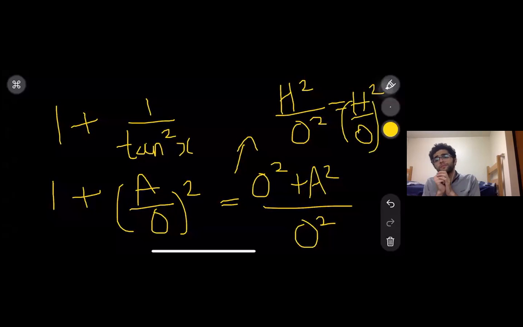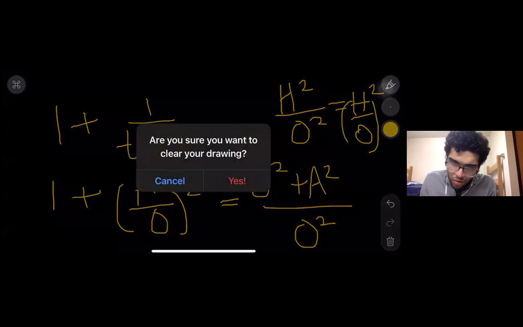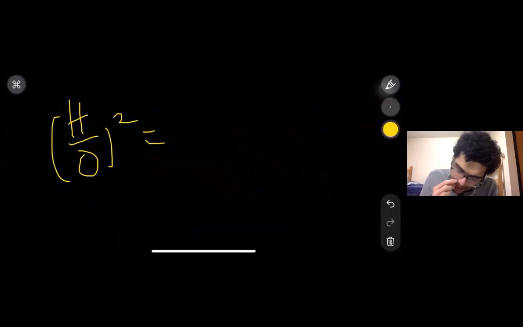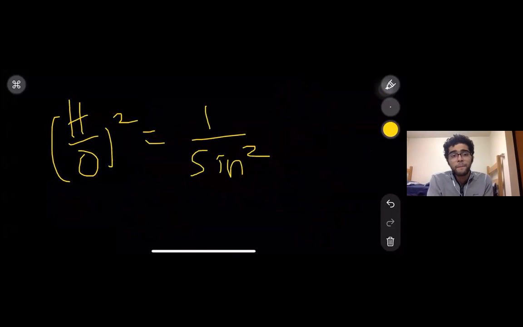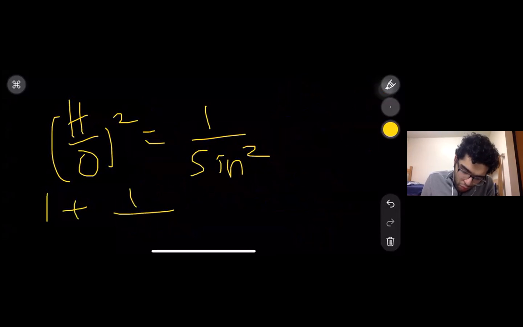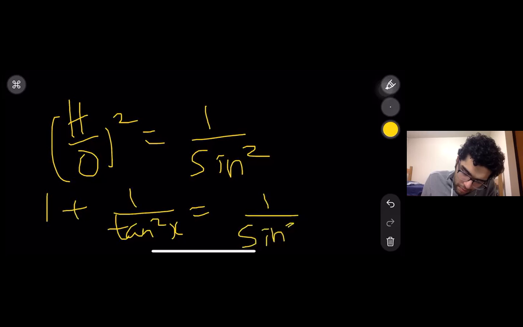What is h by o? What is o by h, by the way? So if o by h is something, then h by o becomes 1 over that. So h by o squared is 1 by sine squared. Because o by h was sine, so h by o becomes 1 by sine, so squared. So the other identity, the last one, is 1 plus 1 over tan squared is 1 over sine squared.